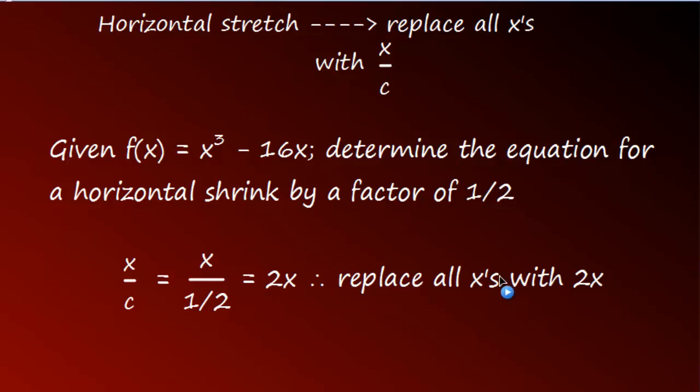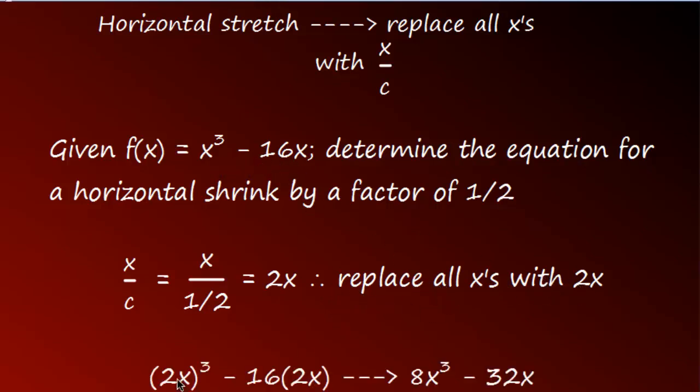So we're going to replace all of the x's with 2x. We're going to put 2x in for this x, we're going to put 2x in for this x, and when we simplify it, we're going to get 8x cubed minus 32x would be the new equation for this function that's been shrunk horizontally by a factor of 1/2.